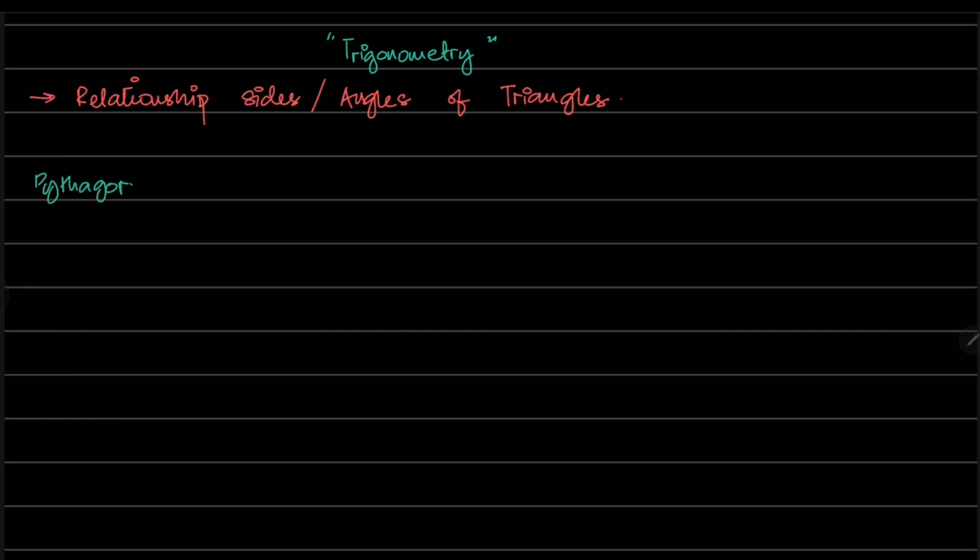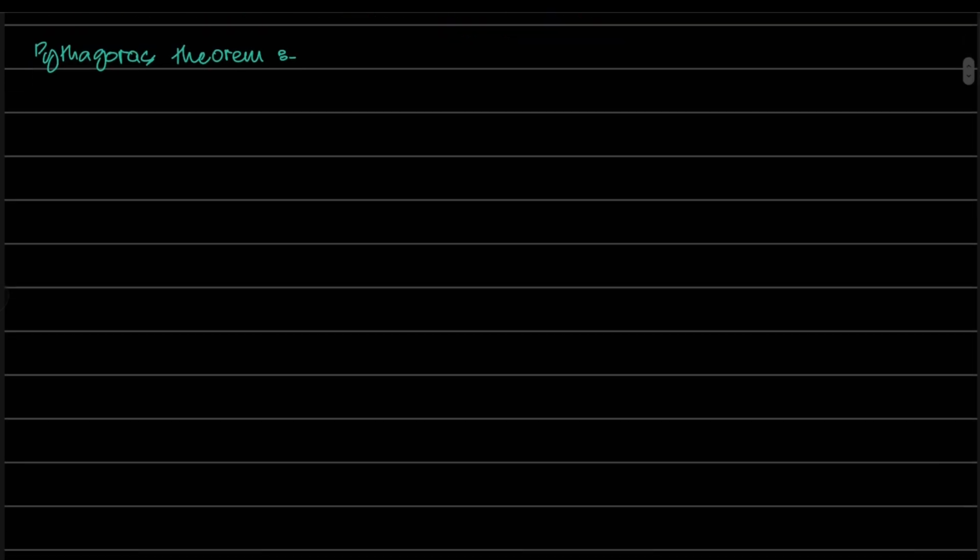Now the first thing that you're expected to know is what's Pythagoras theorem. Pythagoras theorem is something that you use when you've got a right angle triangle and you are only concerned with the sides. Let's suppose I've got a right angle triangle that looks like this.